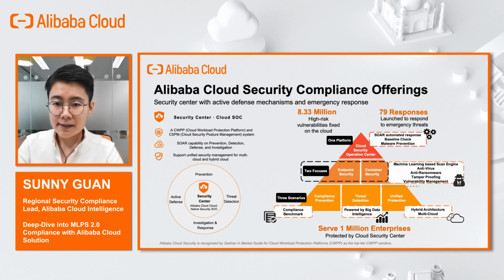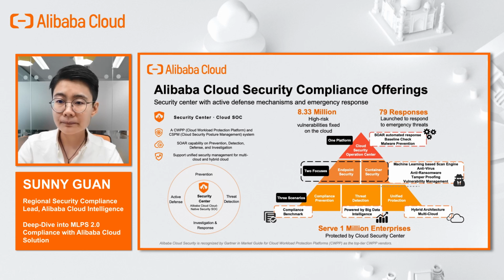The security center has demonstrated its robust security capabilities by successfully identifying and fixing the 8.33 million high-risk vulnerabilities for our cloud customers and launched 79 fast responses to the emergency threats. It also protects over 1 million enterprises in China from the vulnerabilities and threats.